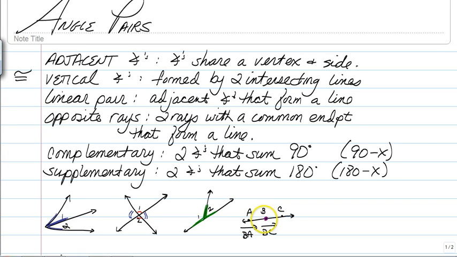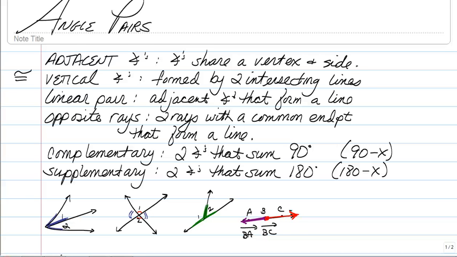Now, I know this just looks like a line, but we could have ray BA and ray BC that are 180 degrees apart from each other, and that could be considered opposite rays as well, not just line AC. Okay? So, those are some angle pairs.